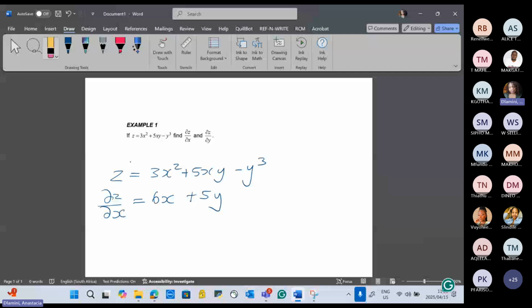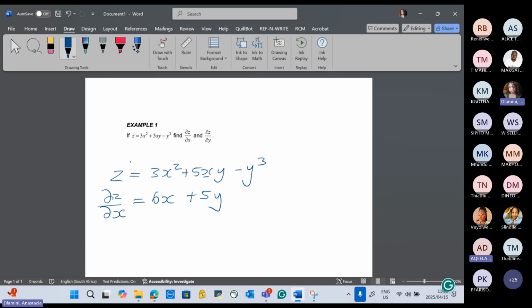Does it make sense, guys? Remind me again, what happened to your x when you differentiated 5xy? You differentiated x. So remember, when you have 5x and you differentiate, you only get 5. What happened to the x?